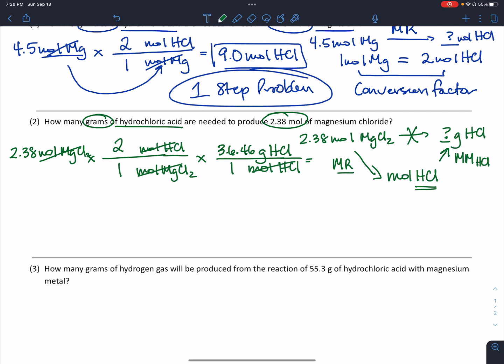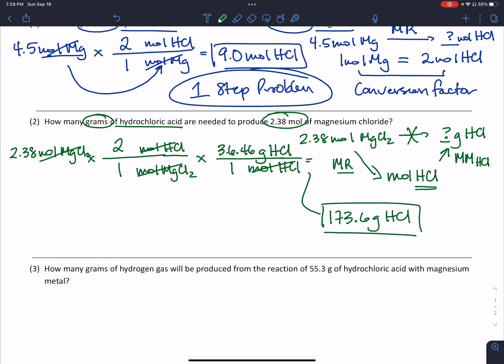So it's going to let me cancel those moles of HCl, and I'm going to be left with grams of hydrochloric acid. Now I take my calculator, I multiply everything out, and what I find is that I have 173.6 grams of hydrochloric acid needed to produce 2.38 moles of that magnesium chloride. So this is my answer.